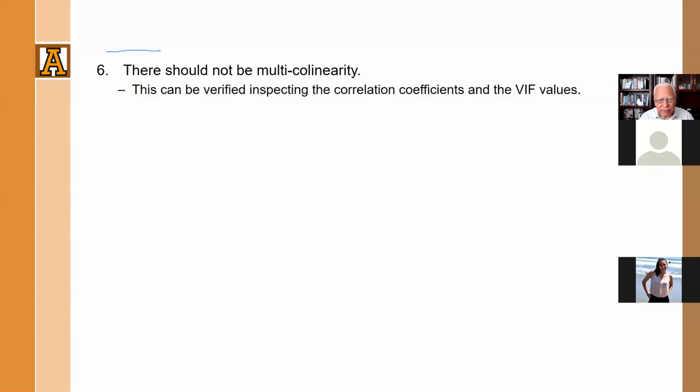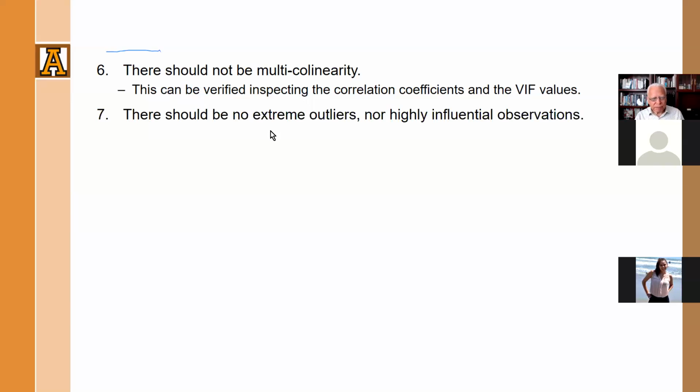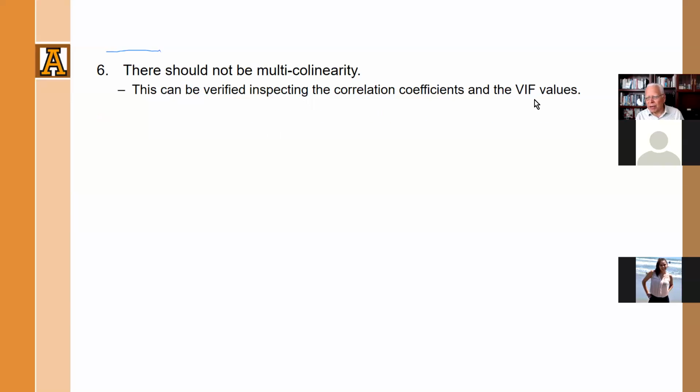This is another alternative. And we use the correlation matrix that we've seen before, the heat map, to evaluate if we have an issue with multicollinearity. We can also use the variance inflation factor values that are calculated by a lot of the software packages.